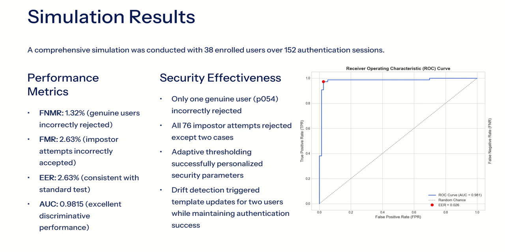So the simulation results are a false non-match rate of 1.32%, a false match rate of 2.63, and an EER of 2.63, which is the same as the hybrid model.